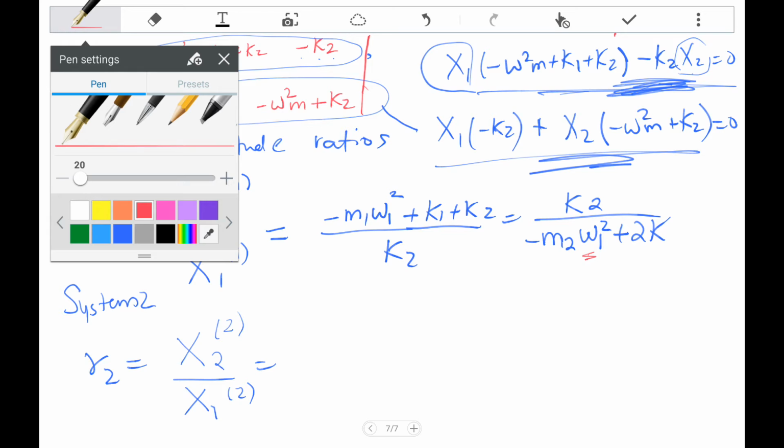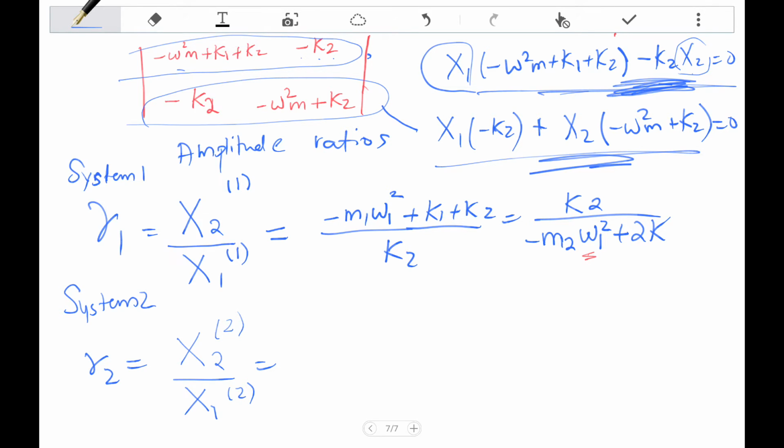Okay? Sorry, I thought I made a quick mistake here with k1 plus k2. Oh, pardon me. No, that was right. That was right. Sorry about that. Ignore what I just did.